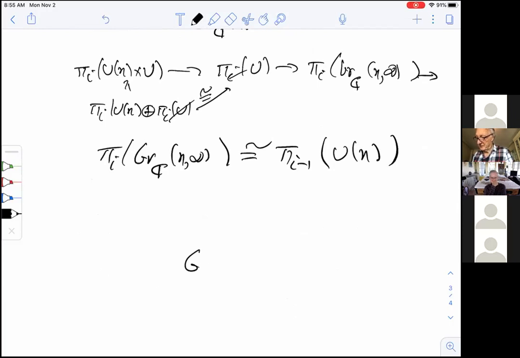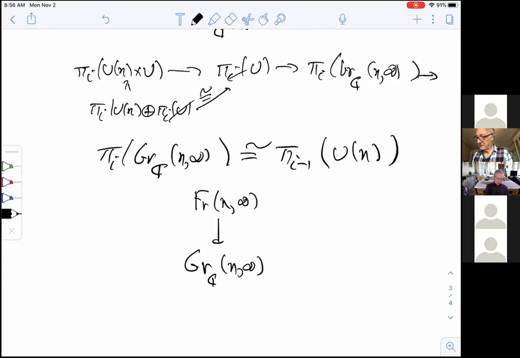There is, over the Grassmannian, the frame bundle. So frames in infinite space. This is simply the space of n orthogonal unit vectors, an orthonormal set of rank n inside infinite dimensional complex space.